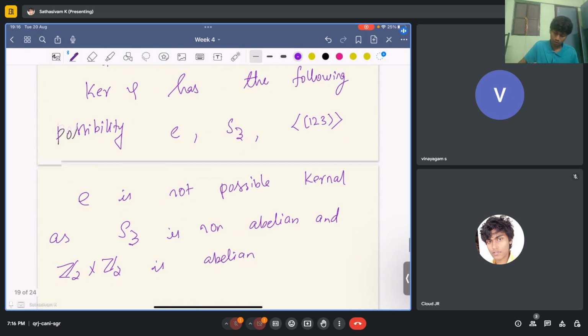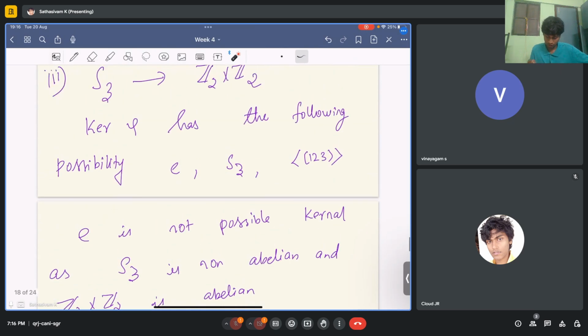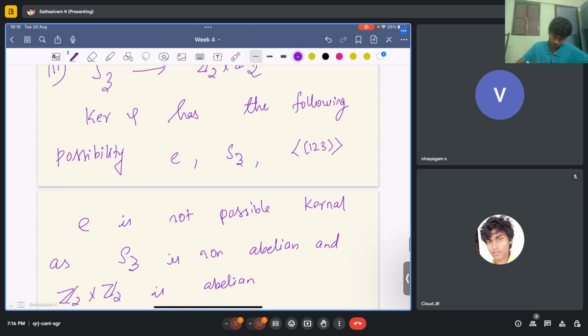You can also go via the size argument, since the sizes are different. The first problem we did via the abelian property; here and in the second problem we did it via the size property. So you can use either of these. So this one you avoid; it is not possible.